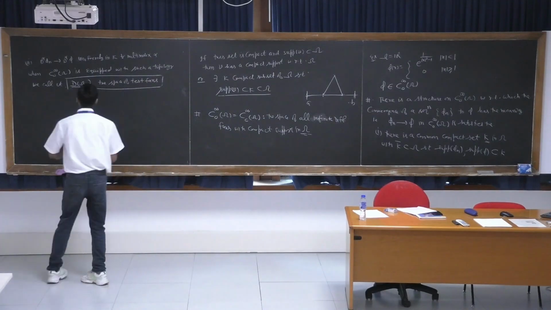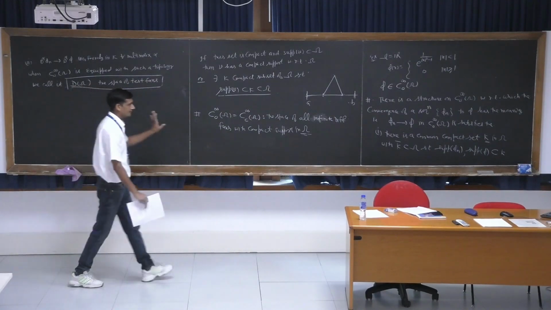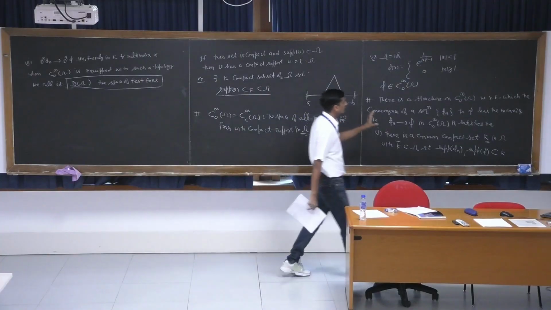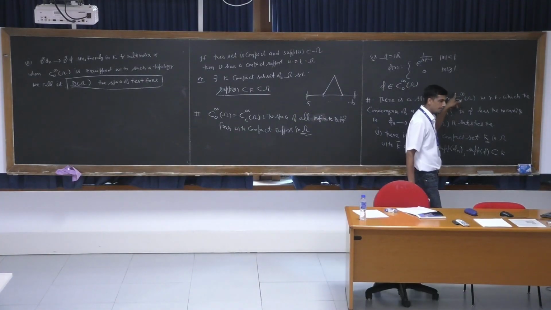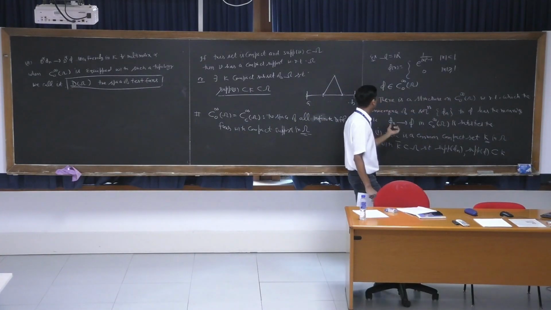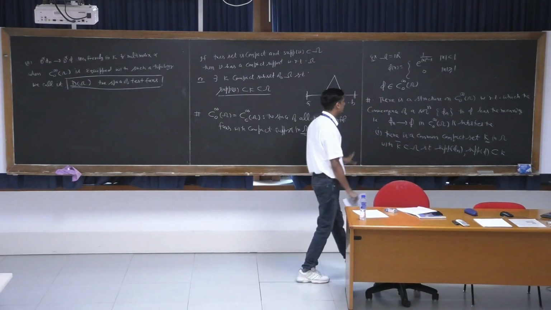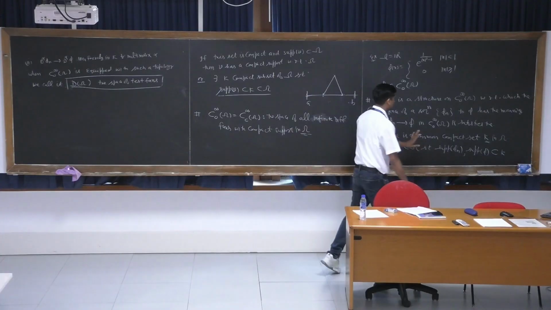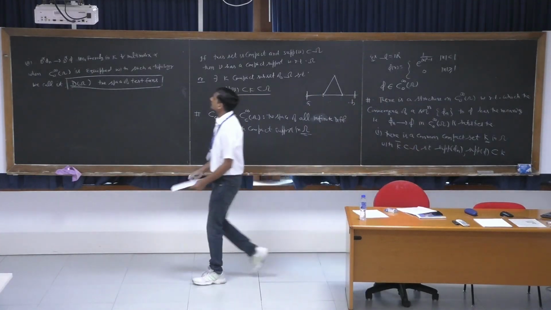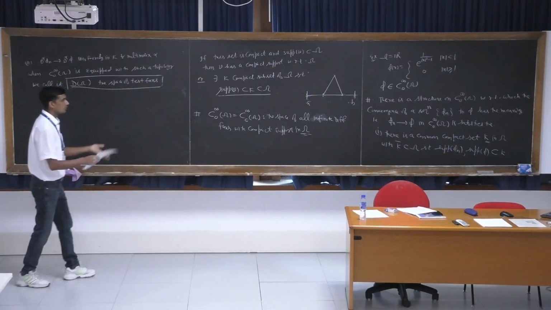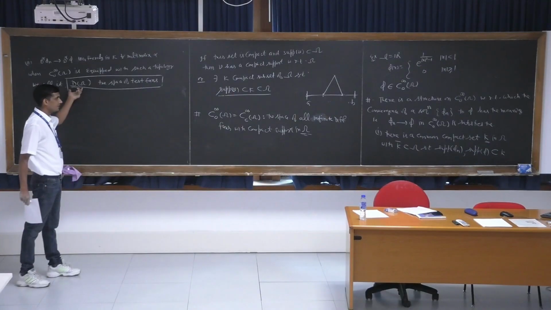What is this space? This space contains all the elements of C0 infinity with this convergence, phi n converges to phi. And they form some topology, and that topology is denoted by D omega.